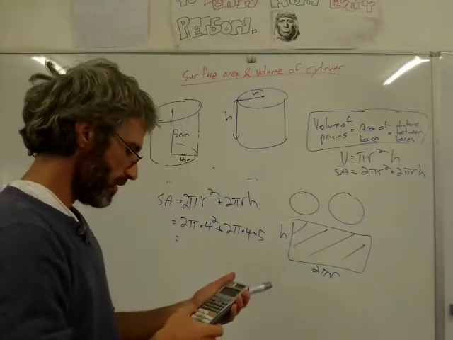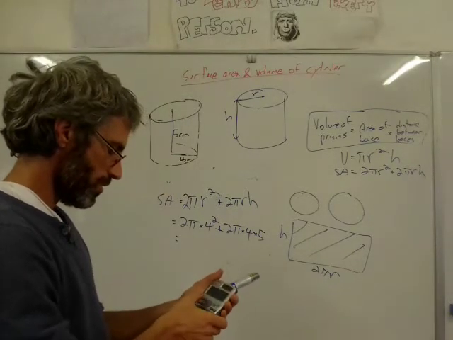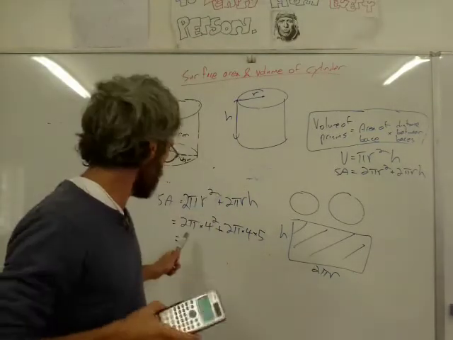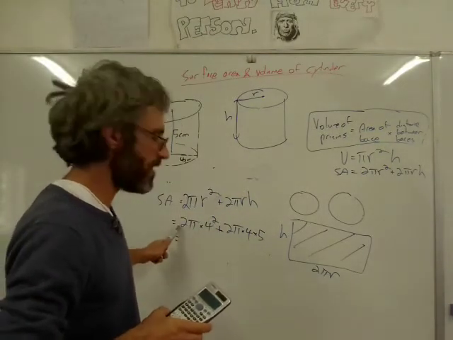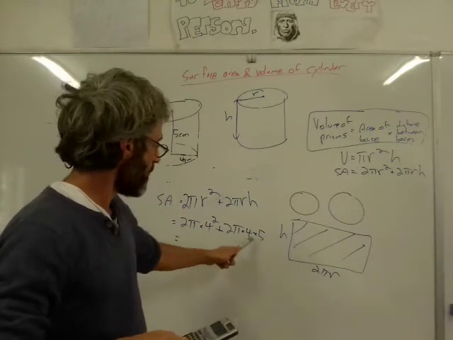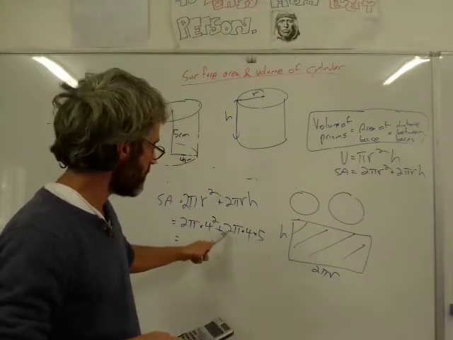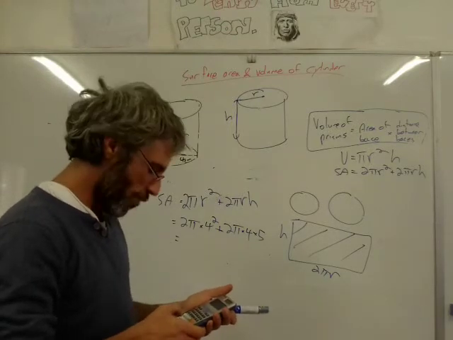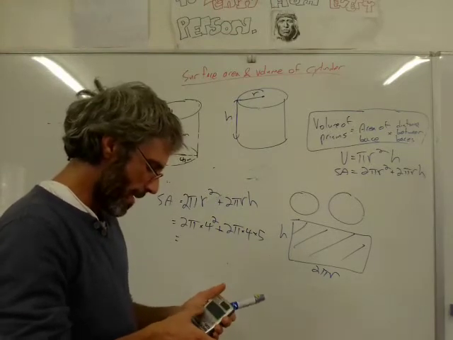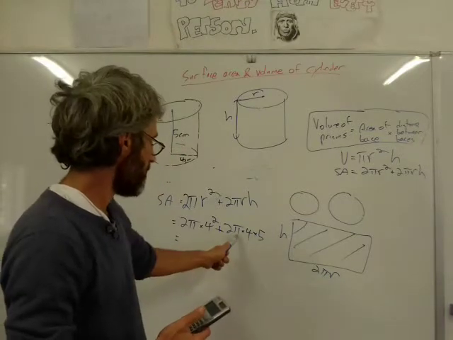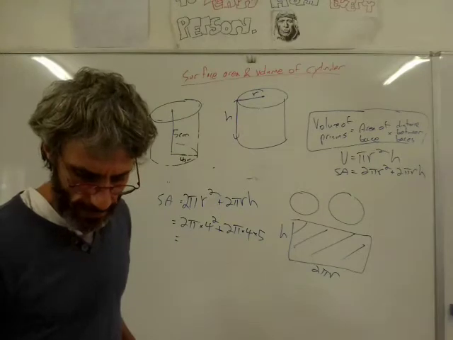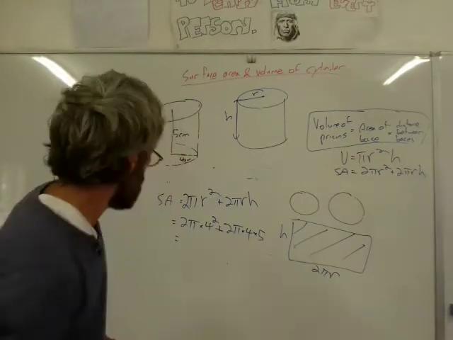Okay, so I've got 32 pi plus, I'm just doing it in my head, 4 squared is 16, 16 times 2 is 32 pi, and here I do 5 times 4 is 20, times 2 is 40, so plus 40, not forgetting to multiply it by pi. You can just put it all in the calculator as it is, and you will get 72 pi.